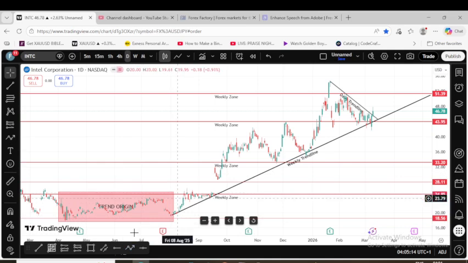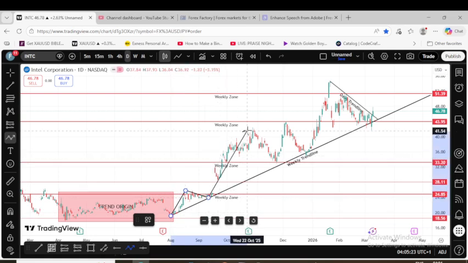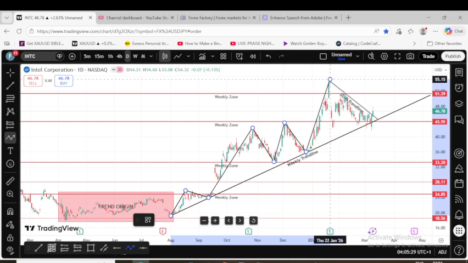So now let's identify our trend origin. Let's mark out our market structure. We have an impulsive, followed by a correctional, followed by an impulsive, correctional, impulsive, correctional. So this triangular range is a correctional move.